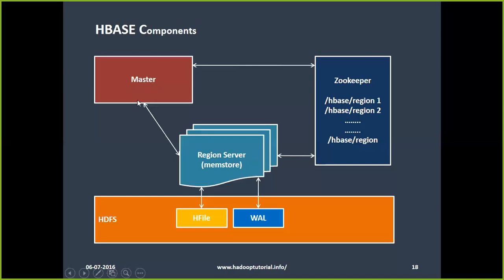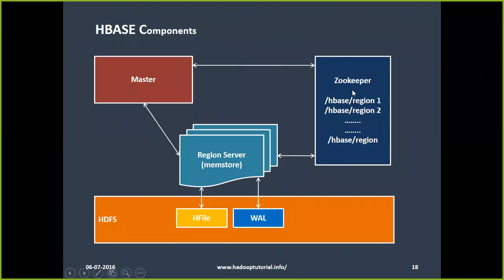Only one out of them will be active. So Zookeeper comes to know which one is active. Okay, if that one goes down, then Zookeeper has the ability to elect one among the remaining 2 as a master. That way, if one master goes down, immediately the second master can be active in HBase.